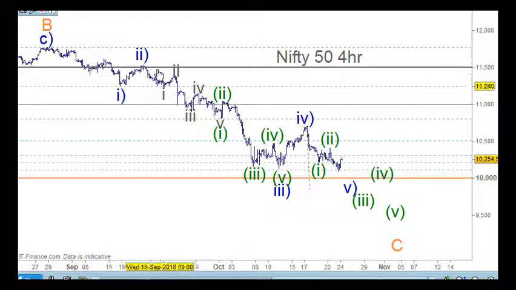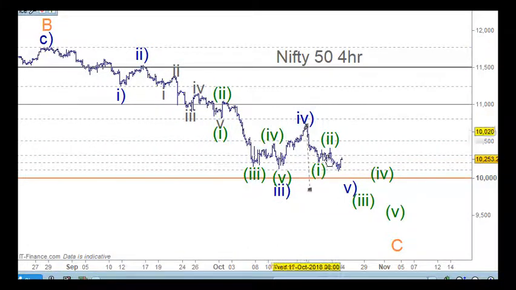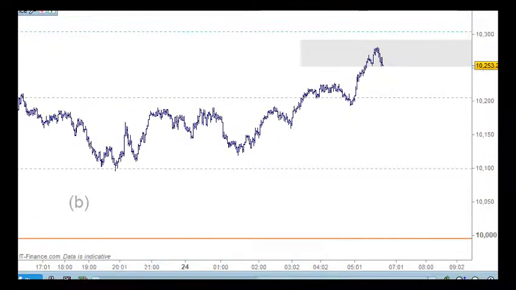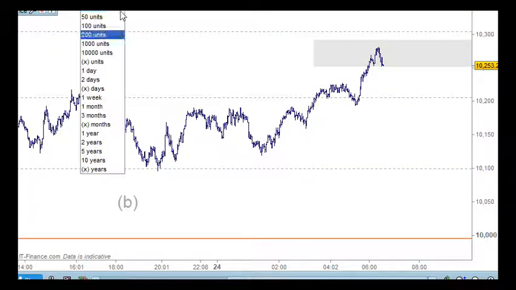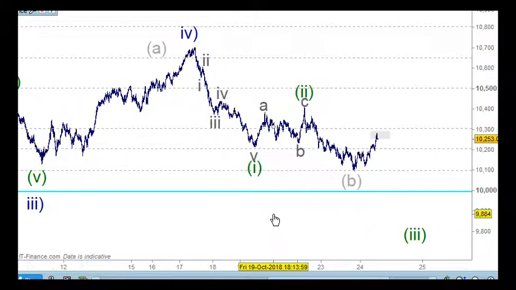Normally when the extension's in wave 3, we've got wave 1 and wave 5 being roughly the same, but when I pull this apart here, it's just the tick chart, 100 ticks, so this is where I pull things apart.